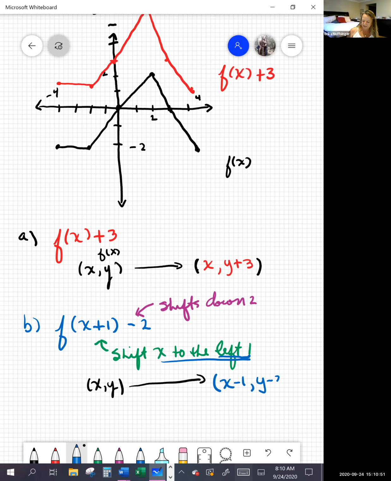So x minus 1, y minus 2 is my new point. You could go through and list your points. We have one at -4, -2. If we subtract 1 from -4, that gets us -5. If we subtract 2 from -2, we get -4. So our new point here is -5, -4.